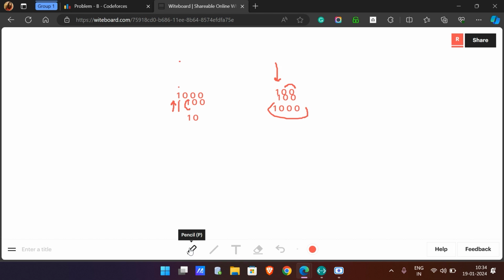If I'm choosing two sides, then the summation must be greater than the third side. Let's say I have any number, let's say the third side is one only. Say this is a and this is b. If I add this to a, the summation would be greater than b because they are the same.